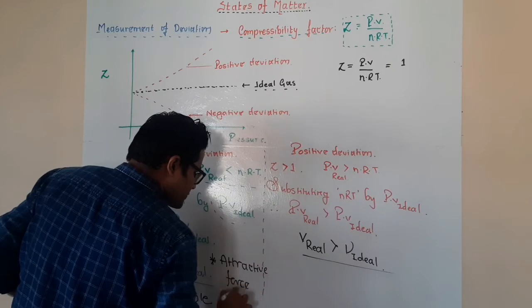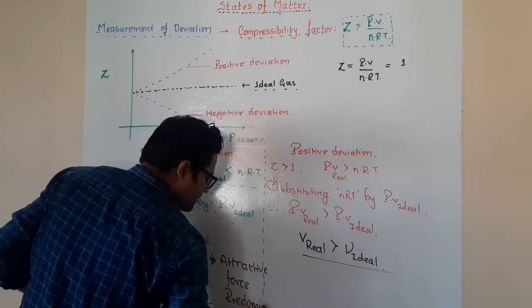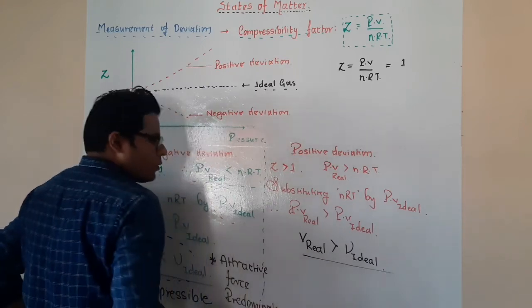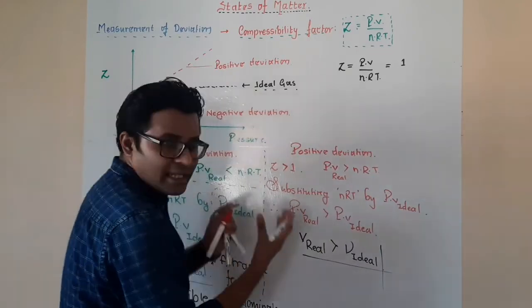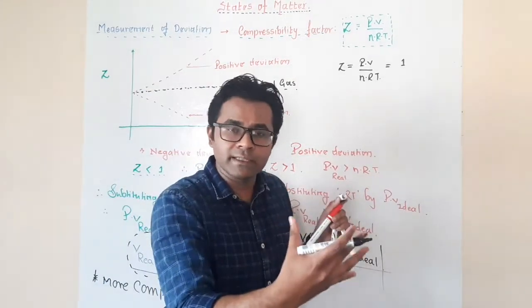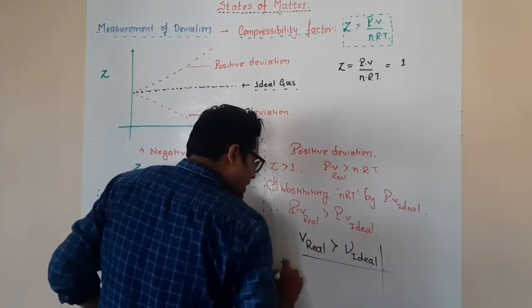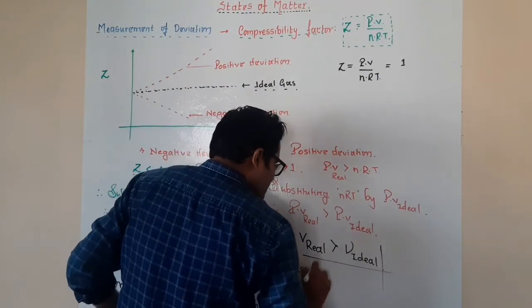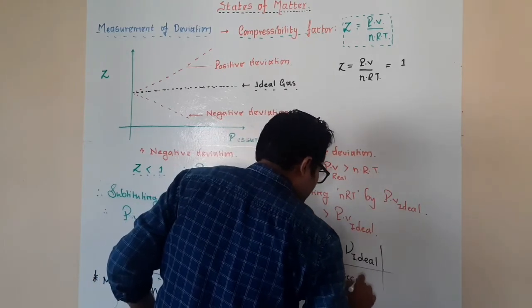Here, the attractive forces are going to predominate. While in this particular case, as we have seen already, the real gas volume is much greater than that of the ideal gas. So therefore, these are less compressible.